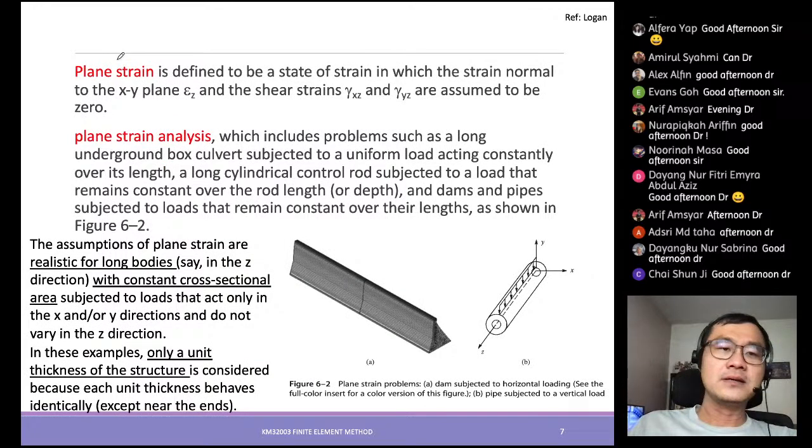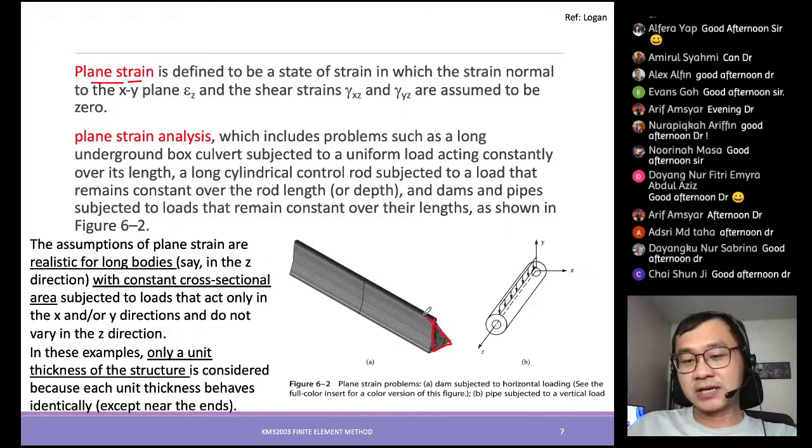Plane strain problem will define the state of strain in which the normal strain in the xy. Now the xy axis is so-called at the cross sections of your structures. Alright, so in these cases, this may look like a triangle, so this is maybe another triangle, right.